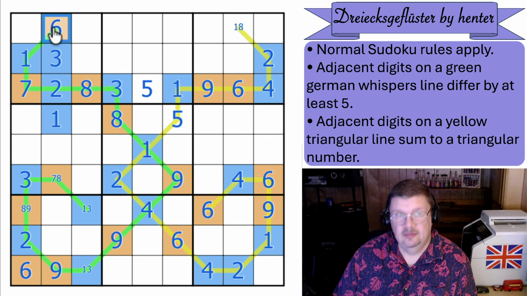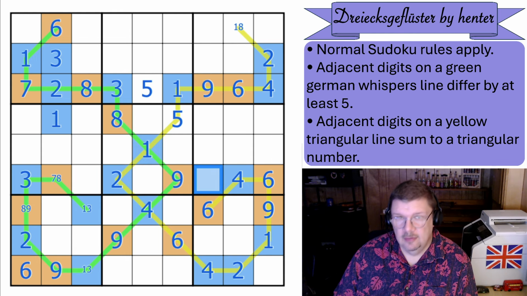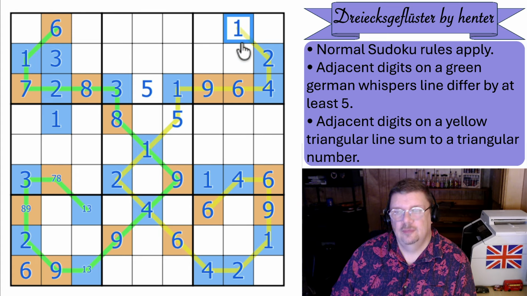That makes that a 6. 1 is here in this row, and that means that one of those two is a 1, and it's not that one. So that's a 1.